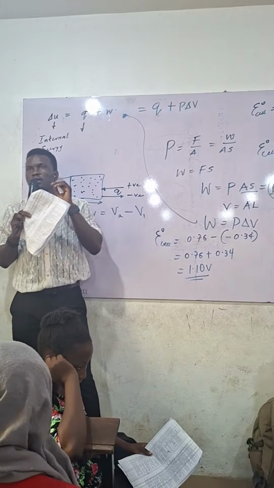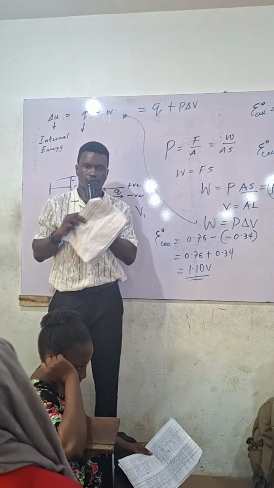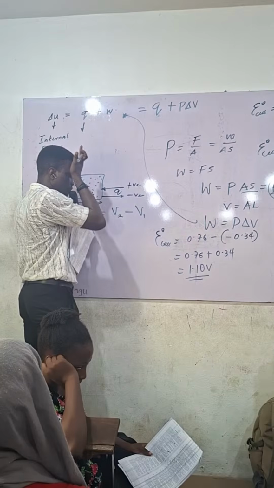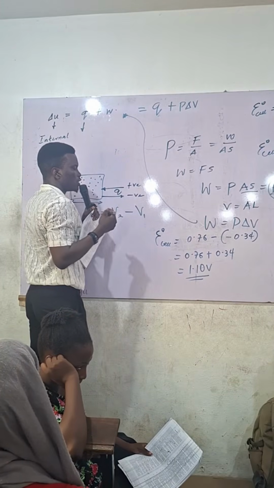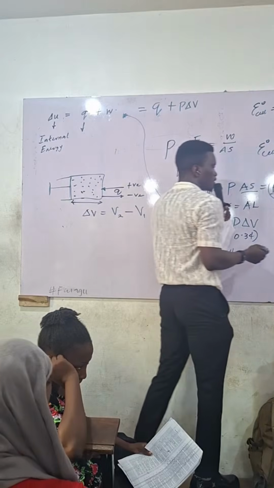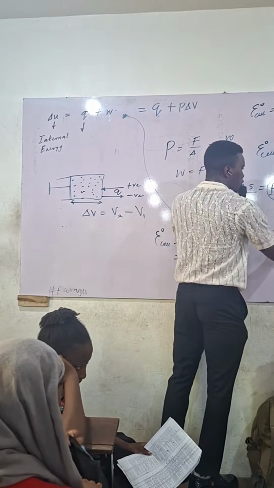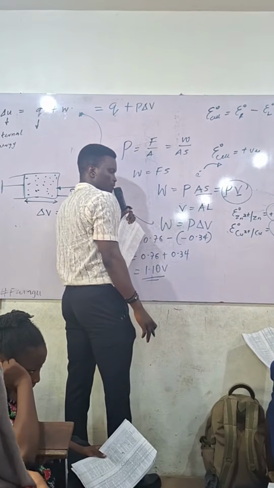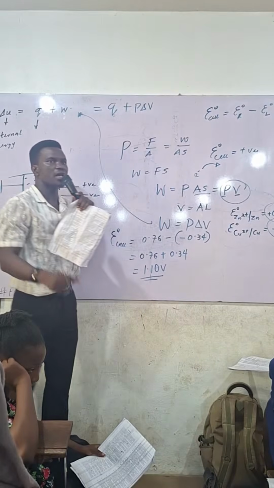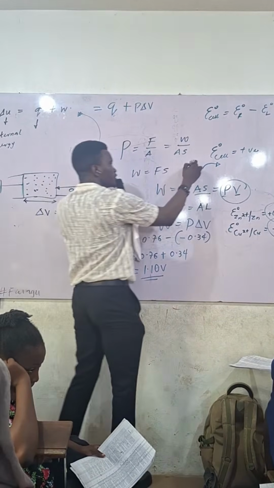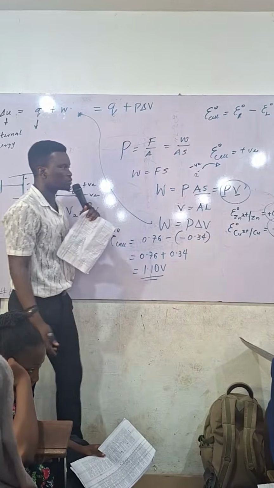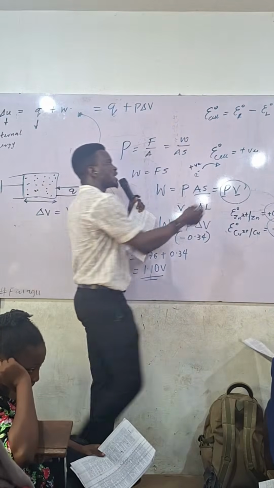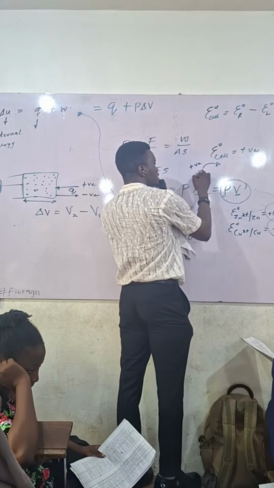Now, the word algebraic sum comes from the major reason we have all this negative and positive: it depends on the one that is donating electrons.